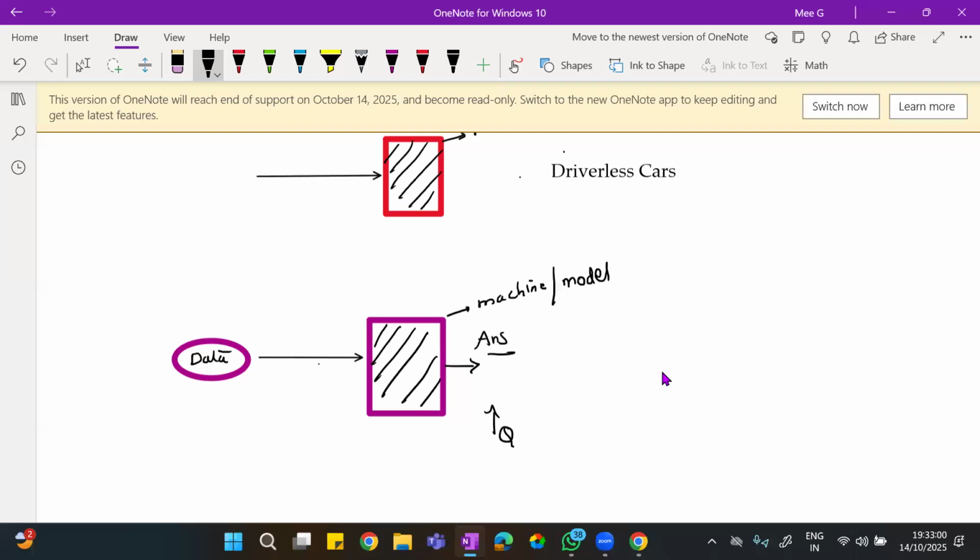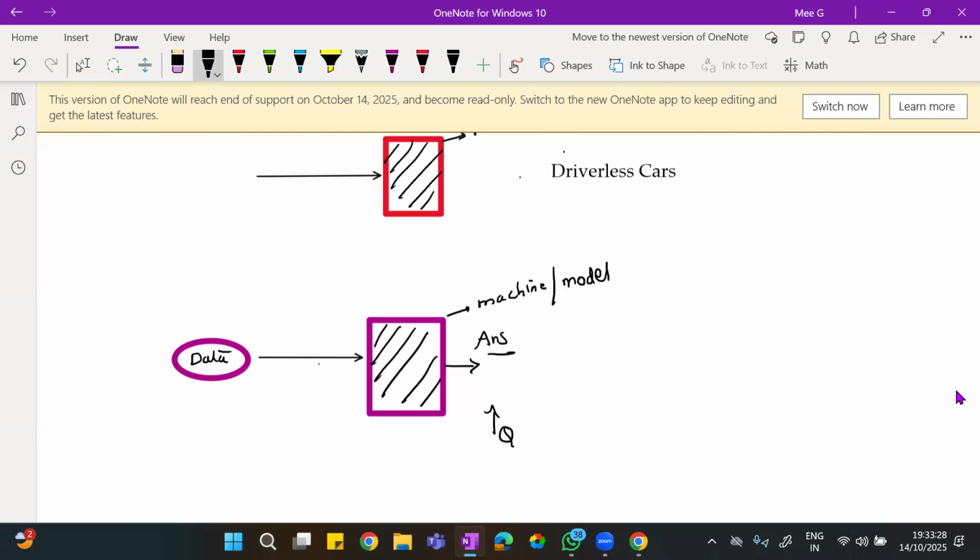This is a very basic principle. This is the data. This is the model. We give the data to the model. The model will learn from the data, it will become intelligent, and it will start giving you the answer. I know a lot of questions will spring up.